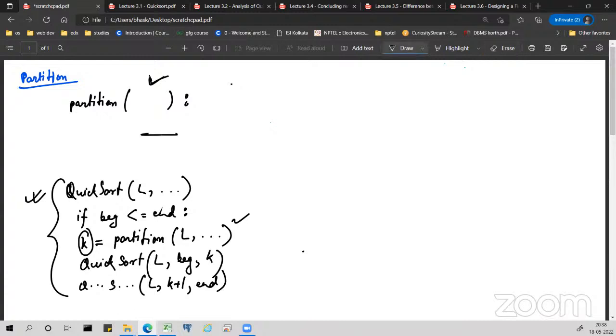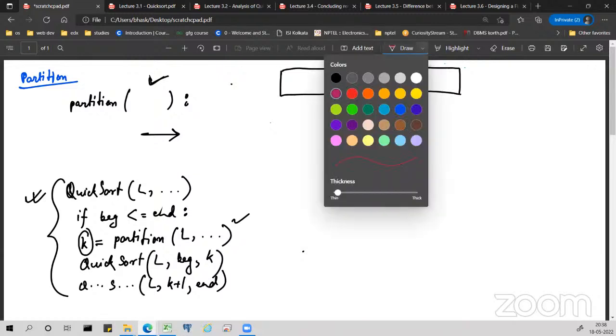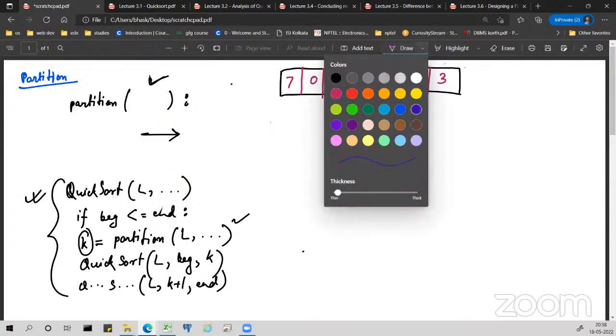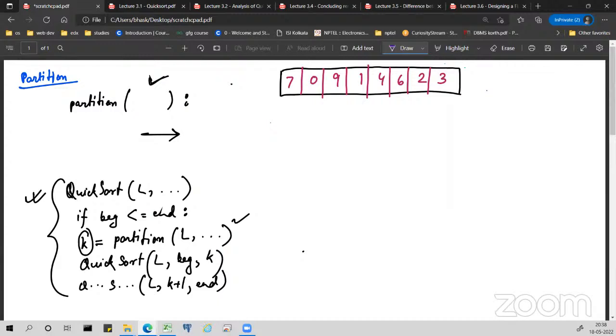Now let's come into the partition algorithm. So I would do a dry run first, right? How it works. Okay.